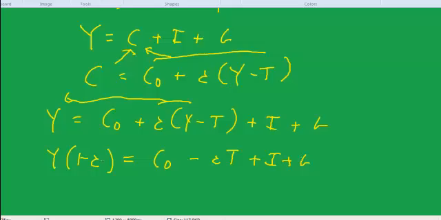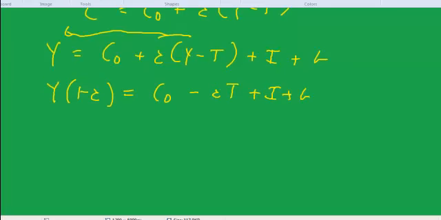Then we move this over as a multiplier. So y equals 1 over 1 minus c, that'll turn out to be our multiplier, times (c naught minus ct plus I plus G).